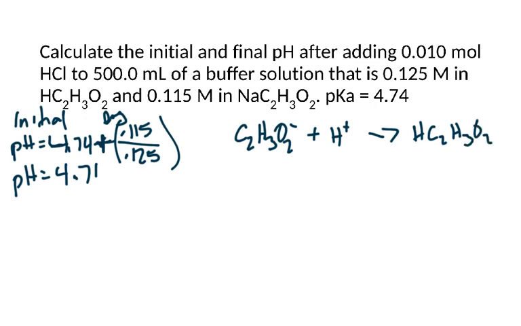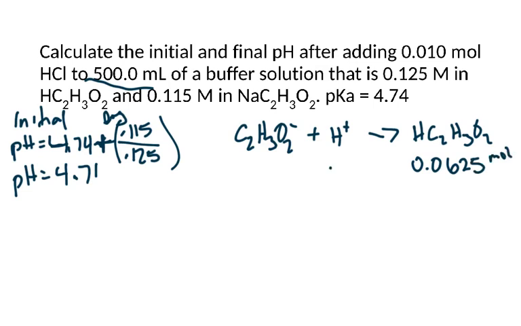We start off with 0.125 times the 500 milliliters, which is 0.0625 moles of acid.